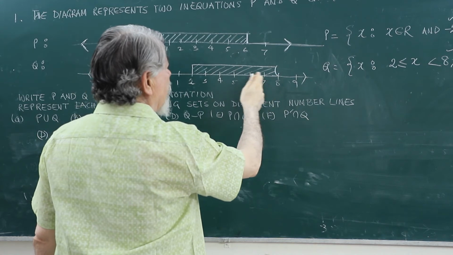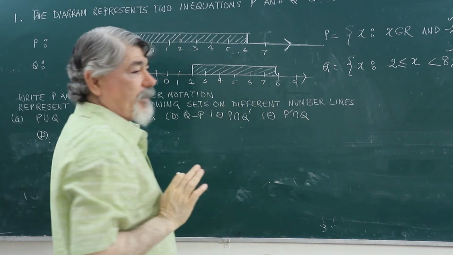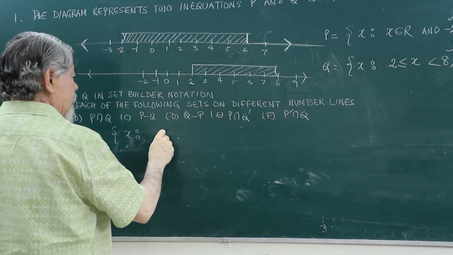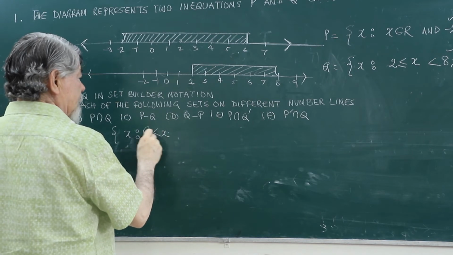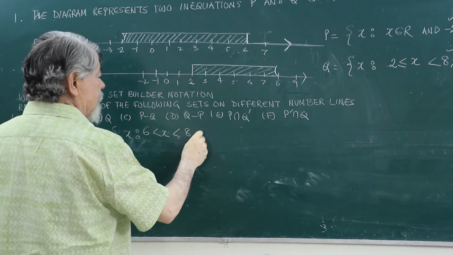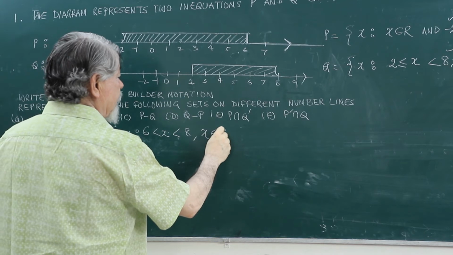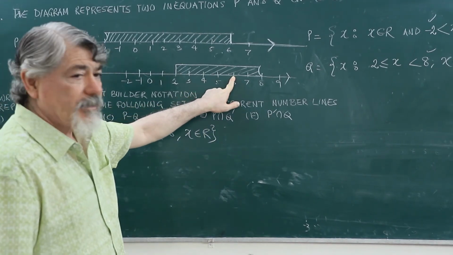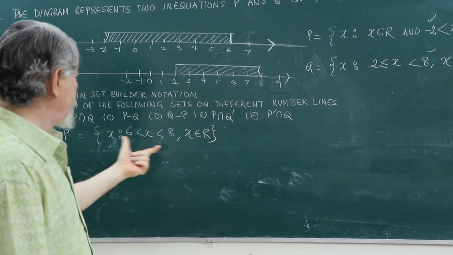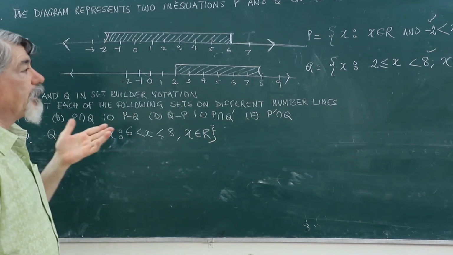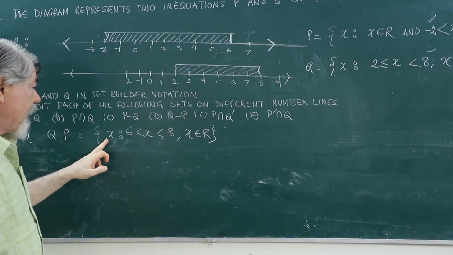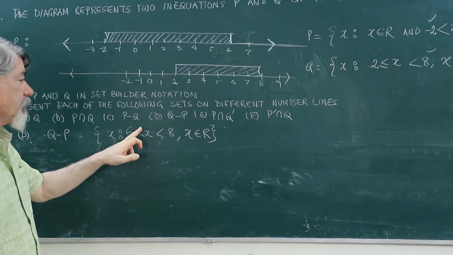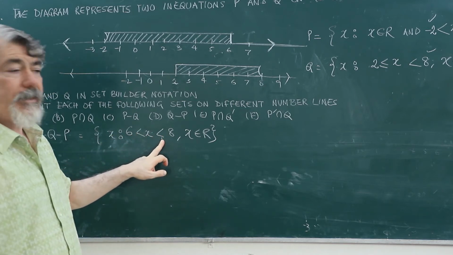So greater than 6 and less than 8. x greater than 6 and x less than 8 belong only to Q and not to P. The elements which are greater than 6 and less than 8 belong only to Q but not to P. So x such that x is greater than 6 and less than 8.